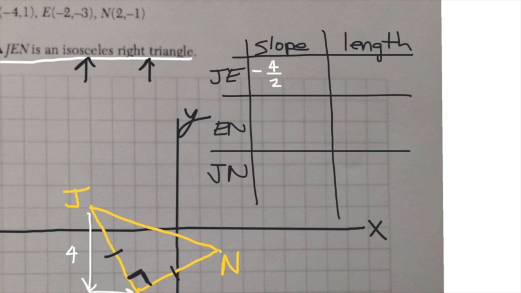To figure out the length, all you have to do is remember the work we did in the last straight fire video, which was on the Pythagorean Theorem. This is a right triangle here. So we can use a squared plus b squared equals c squared to figure out the remaining side, c.